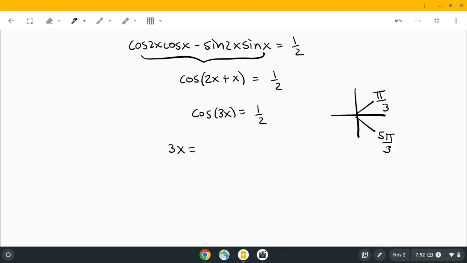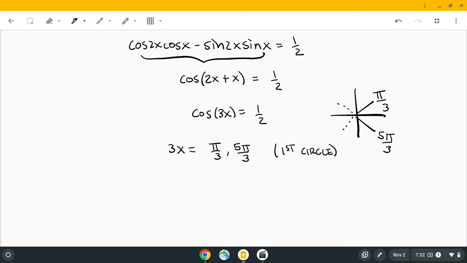So at 3x, not x yet, 3x equals pi over 3 and 5 pi over 3. This is my first circle, and we need to do 3 circles. Here, I'm going to draw my thirds: 1/3, 2/3, 3/3, 4/3, 5/3, 6/3.